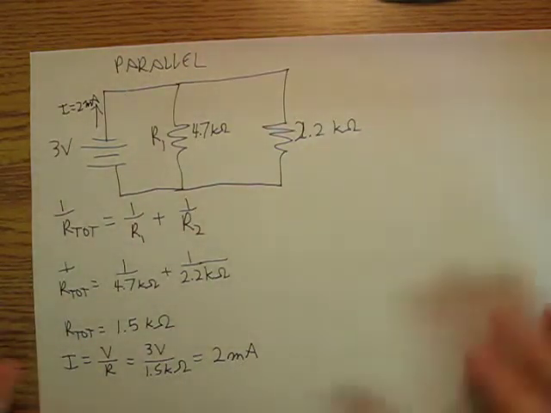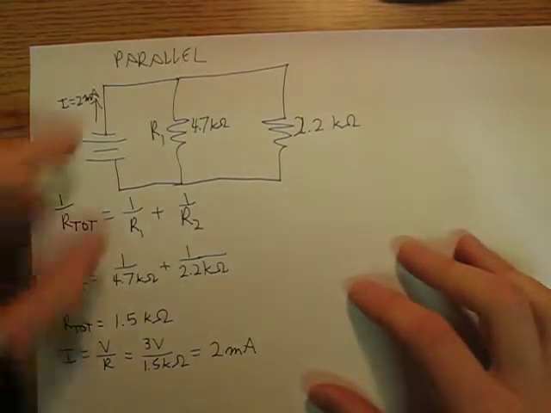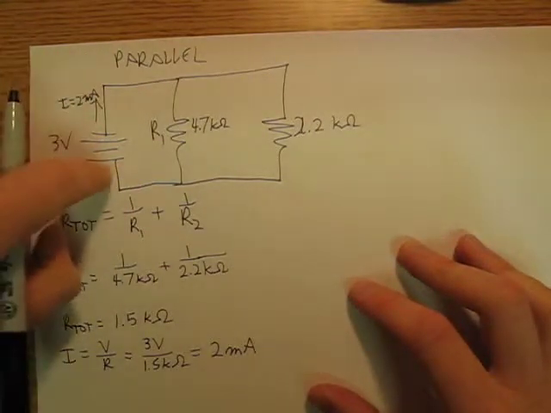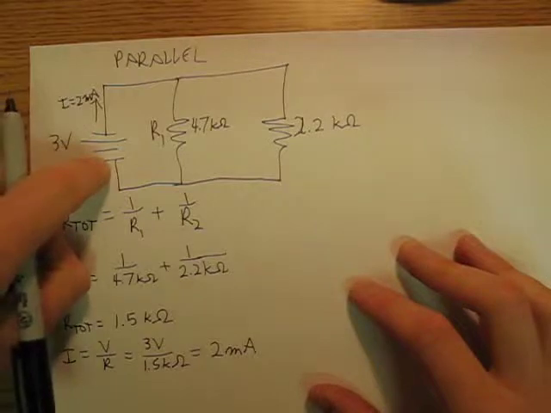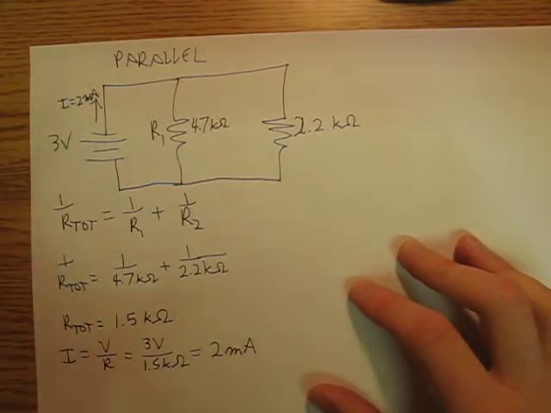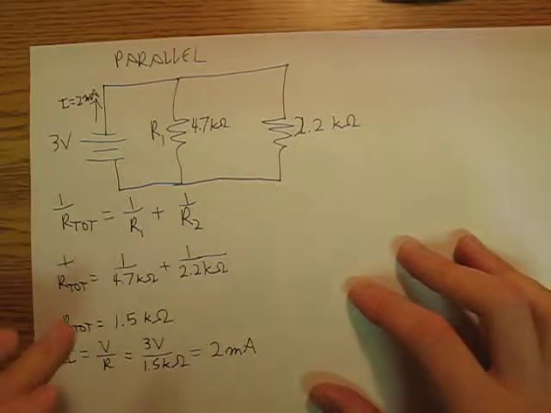What's going to stay the same is the voltage. This point here is at 3 volts, this point here is at 0 volts, so 3 and 0. Now the voltage only drops where there's a resistor.